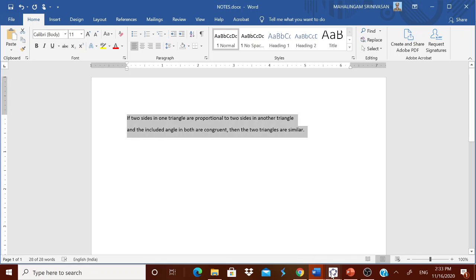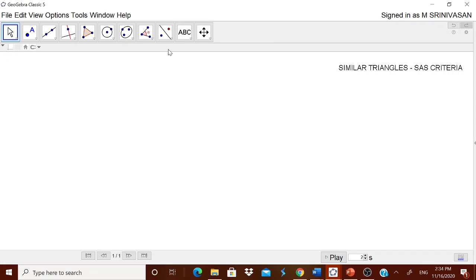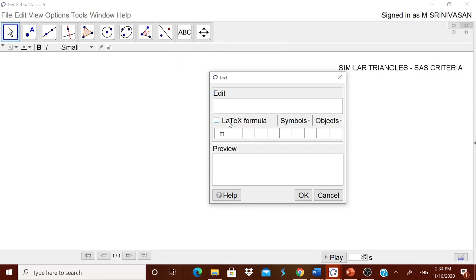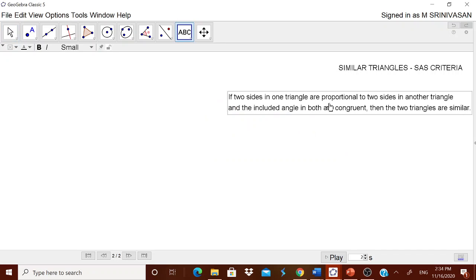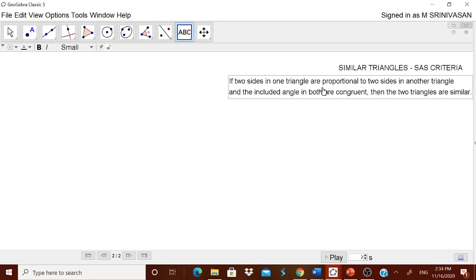We will explain it to the children and that can be displayed here also. The children can understand what you mean by similar triangle and what you mean by that SAS criteria also. Well, now let us come back to construction of these triangles.